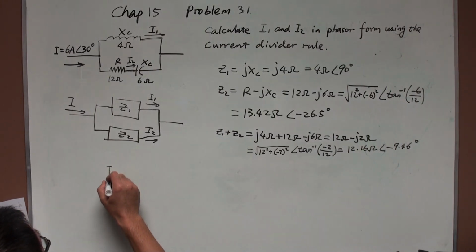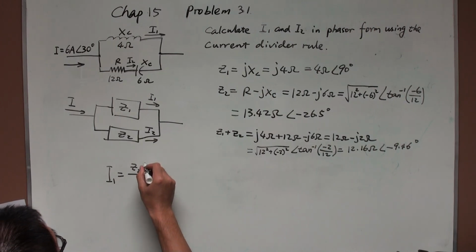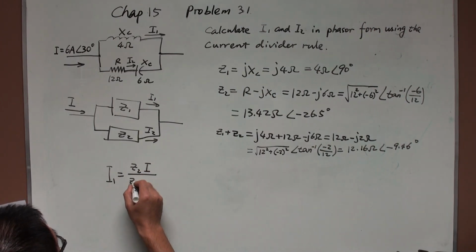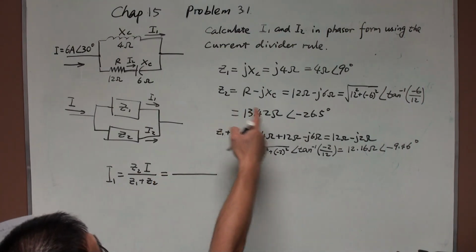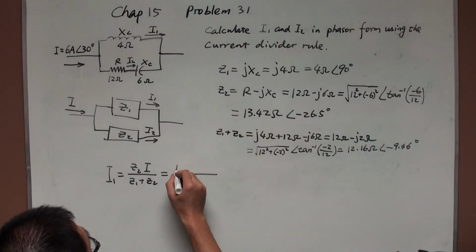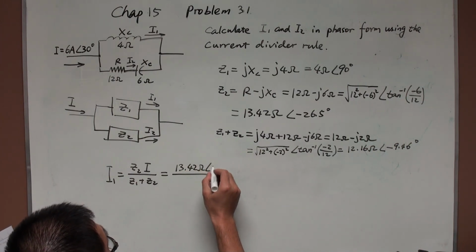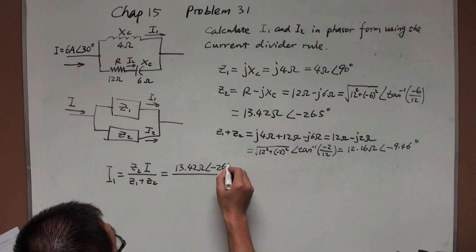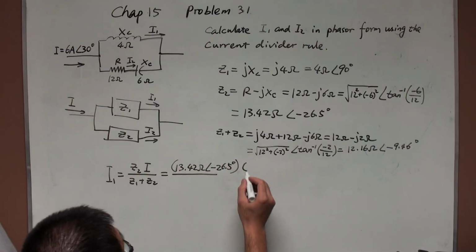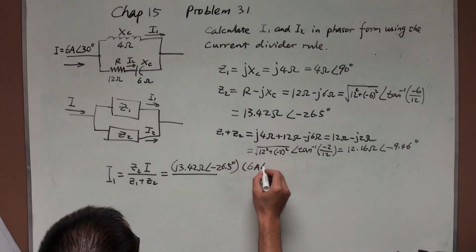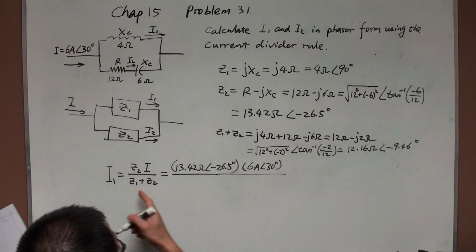I1 is Z2 times I over Z1 plus Z2. Z2 is 13.42 ohms with negative 26.5 degrees, times I, which is 6 amps with 30 degrees.